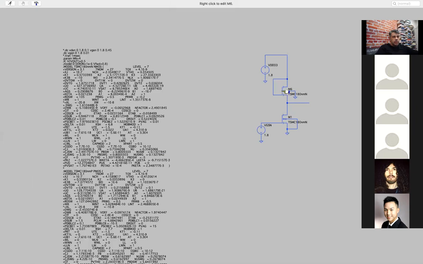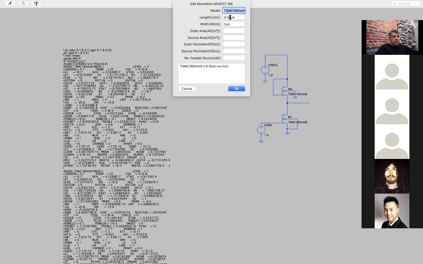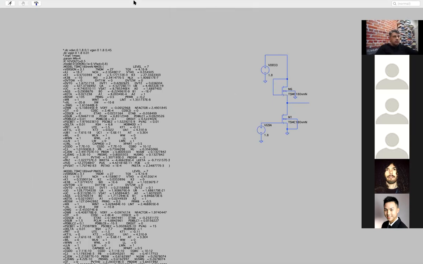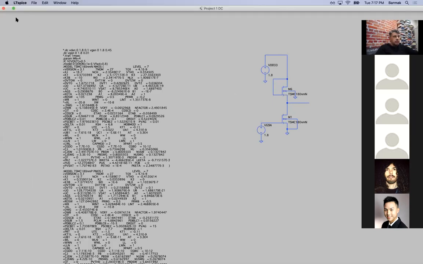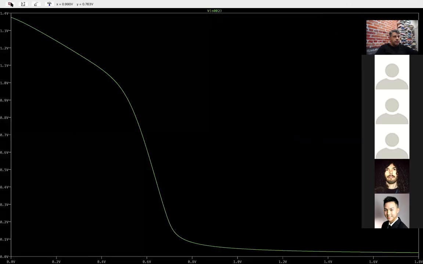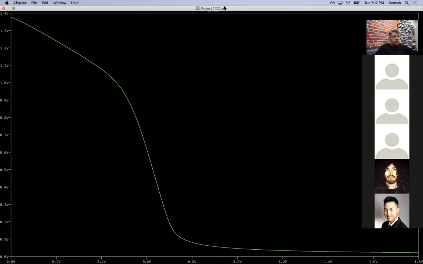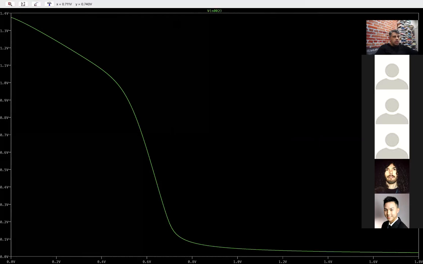Okay, good. Sorry guys, I'm not quite sure what screen I'm sharing. So I'm going to make the length of this load large, 5 microns. So I'm going to make that load transistor more resistive. Okay, and then I want to resimulate. And now I have to share. Done.